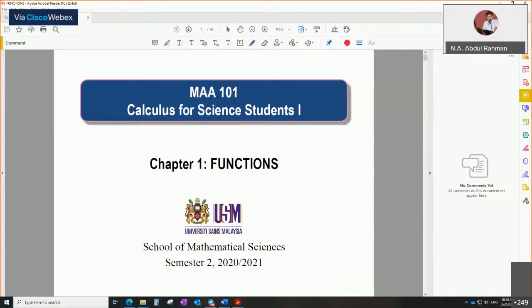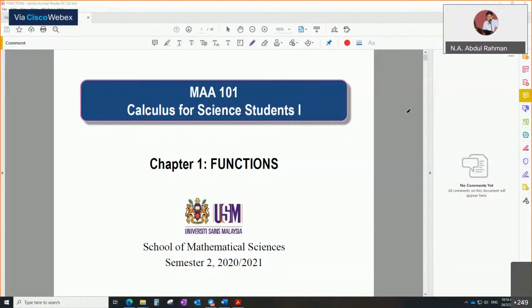So this is the topic that we are going to discuss today. Even though it is considered as one of the contents of this course, I think at this years, 2021, 2020, 2019, you have learned about this. Functions have been plugged into the syllabus in Form 5.